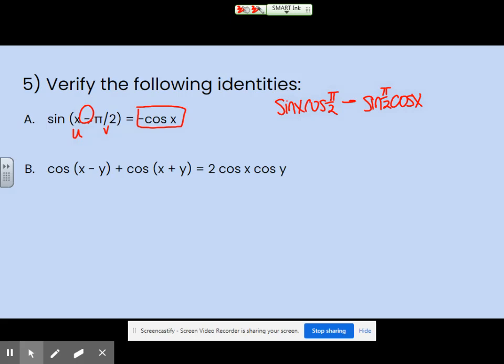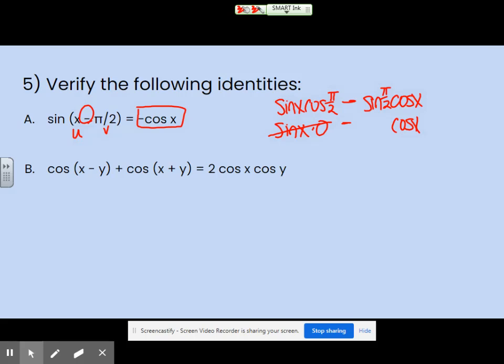Now x is not an angle on our unit circle, so at the moment that sine x and cosine x can't do anything but just keep tagging along for the ride. Cosine of pi over 2, using our unit circle, I know is 0. Anything times 0 is also 0, so that sine x times 0 goes away. However, that negative sign is still there.